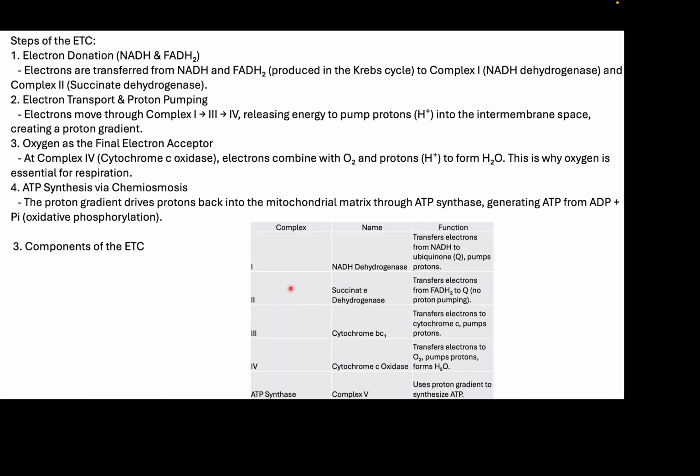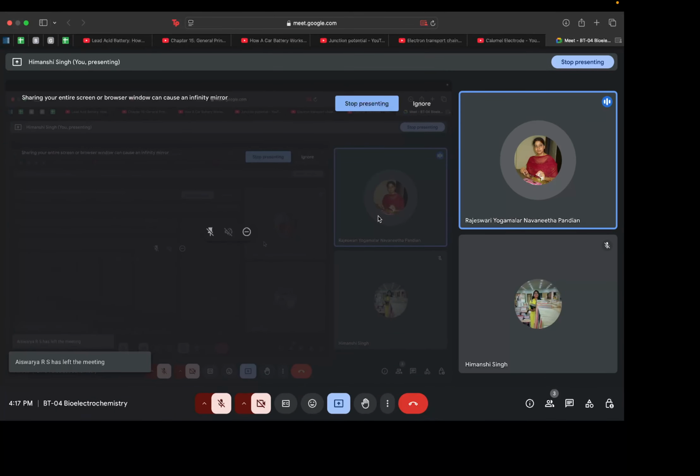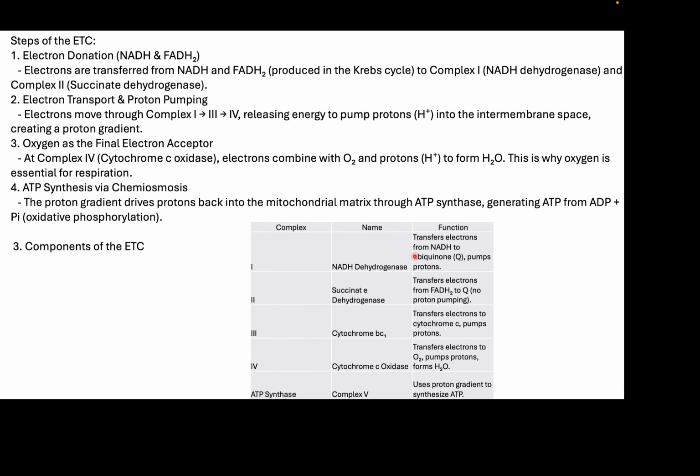Good evening, ma'am. Hi. Hello. Ma'am, am I audible? Yes, you are audible. If I'm correct, you are Rajeshwari, right? Hello, can you hear me? Yes, Rajeshwari, I can hear you.